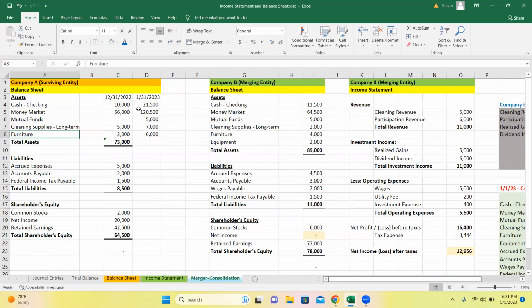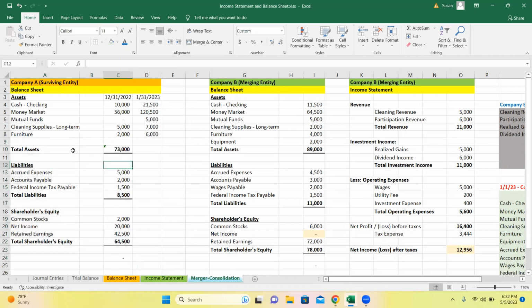And there's also equipment, which is also a new asset that is being consolidated to company A. So I will recognize that.